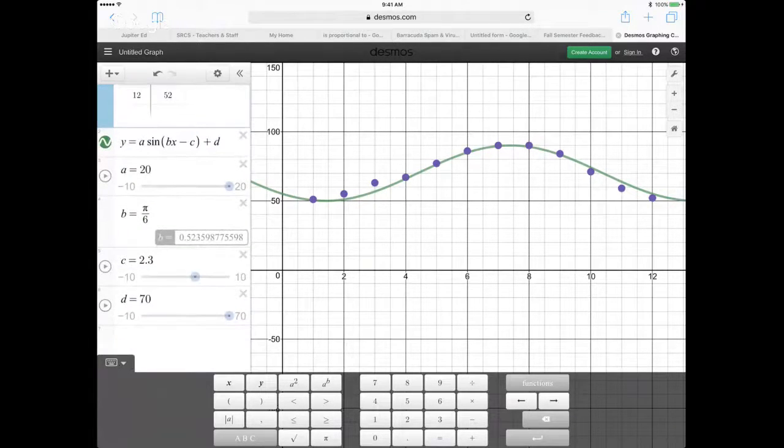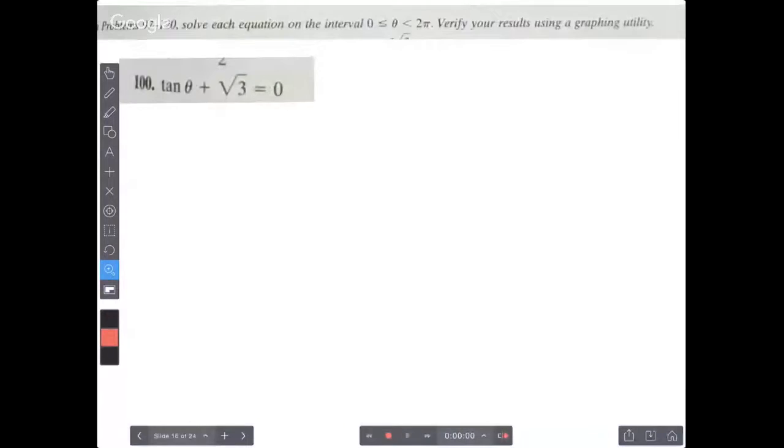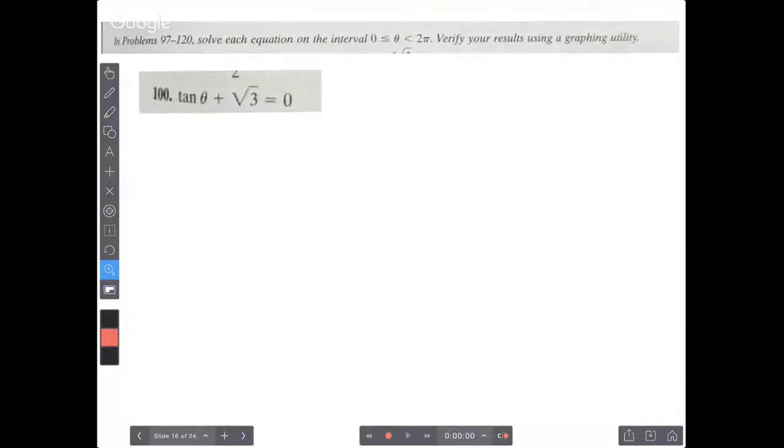Cool. Doesn't look like it. Let's do it. Thanks, Elmer. Okay, solving equations. Tan of theta plus root 3 equals 0. Then verify my results using a graphing utility. So I'm going to isolate tangent.